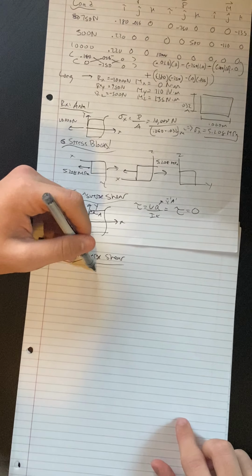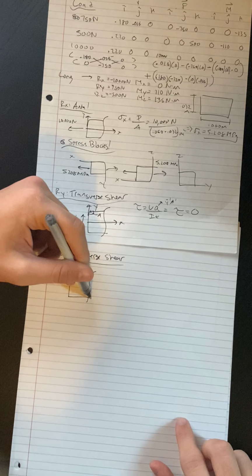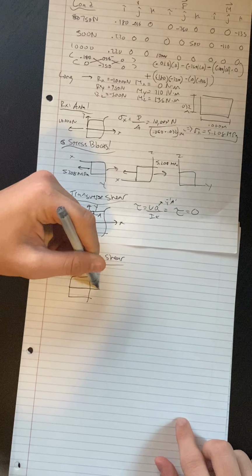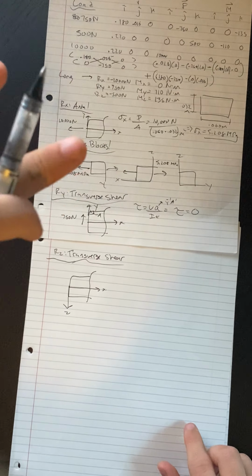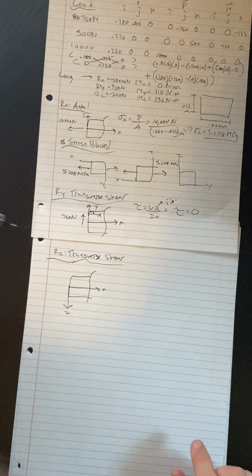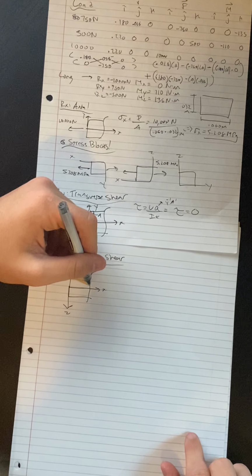And so we're going to draw our cut diagram. Now we're going to have the x direction and the z direction. We're going to be looking from above the beam, which is important, which I will explain.